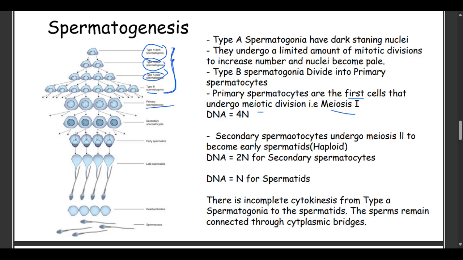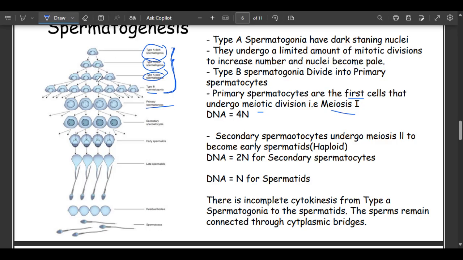Okay, so there is what is known as incomplete cytokinesis from the point of a dark spermatogonial cell dividing all the way up to a late spermatid. What we mean by incomplete cytokinesis is that although these cells are dividing like this, what you can see is that they're still attached by a single point there.